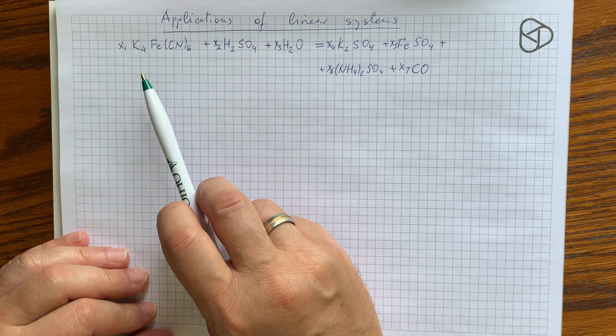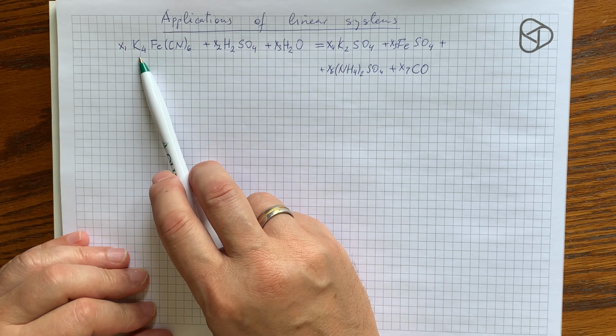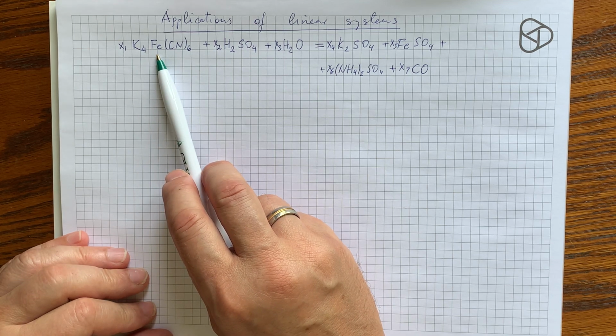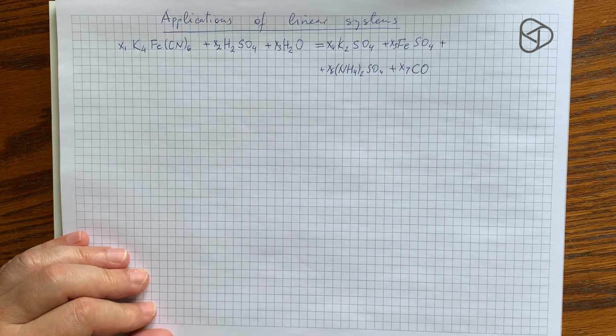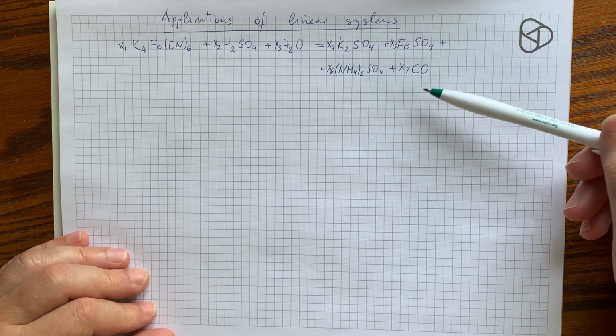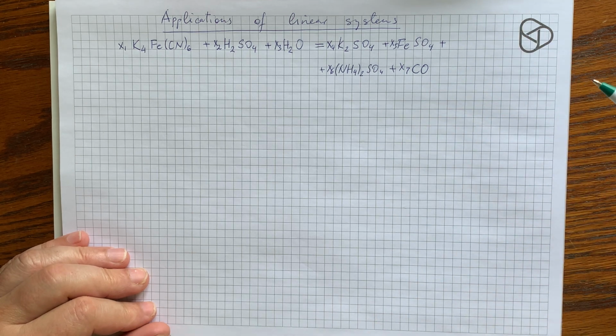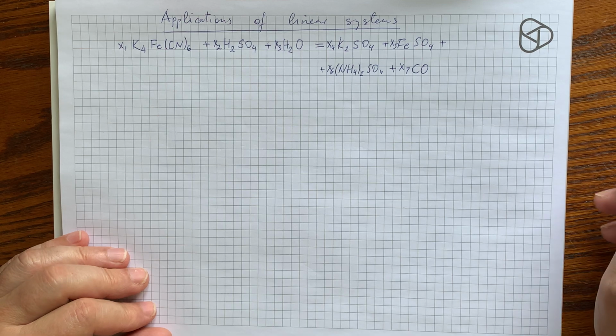And yes, for certain elements like potassium, like iron, like carbon, there is just one reagent on the left and one reagent on the right containing each of those elements. So we will have a perfect equation with one variable being expressed through the other.